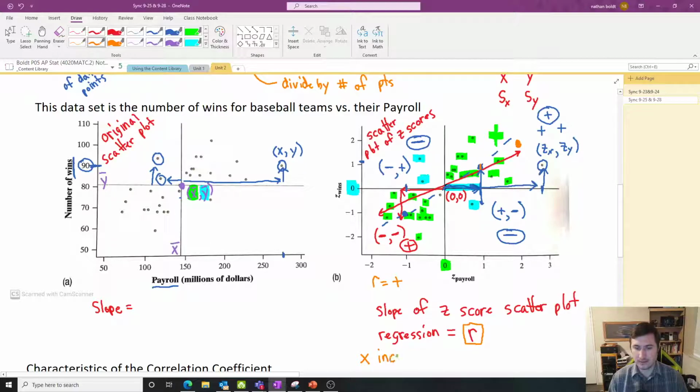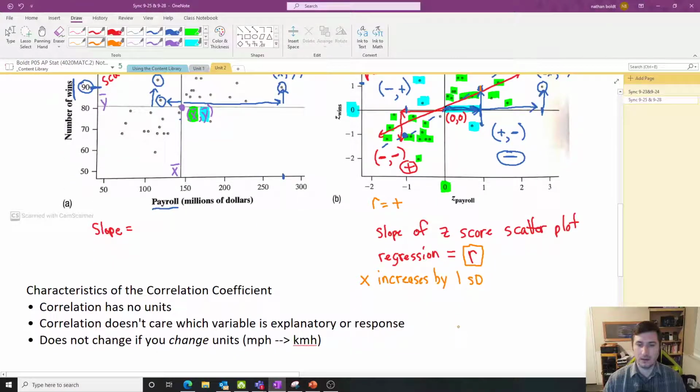All right, so if x increases by 1 standard deviation, then the y value increases by only r standard deviations.